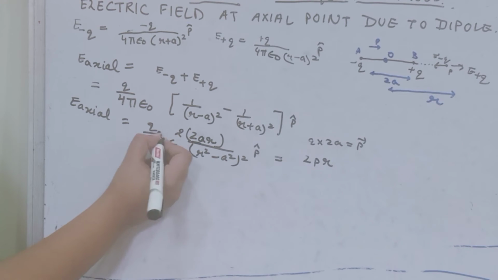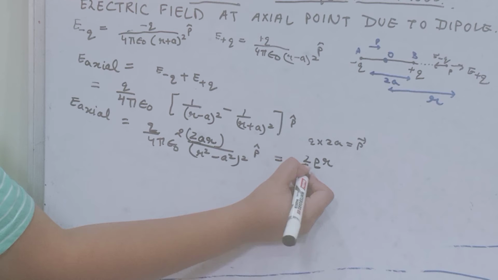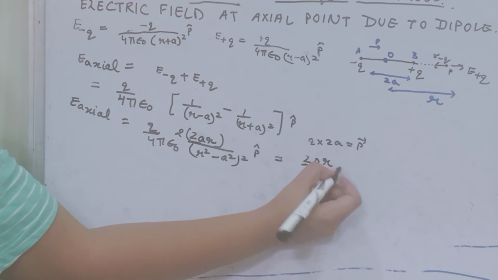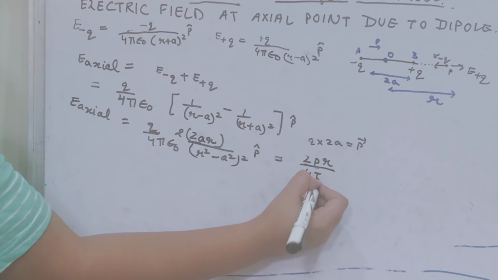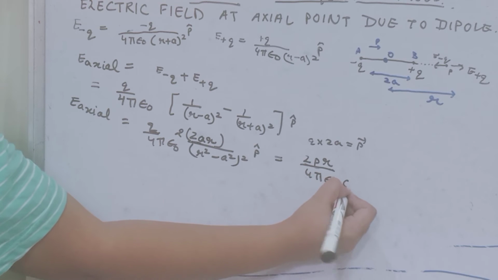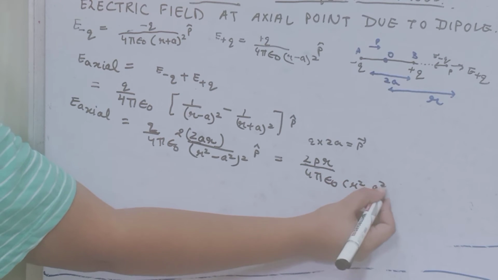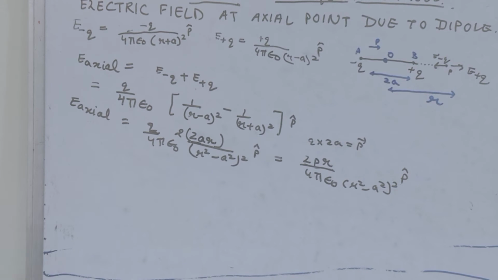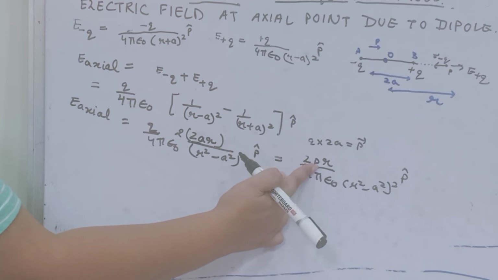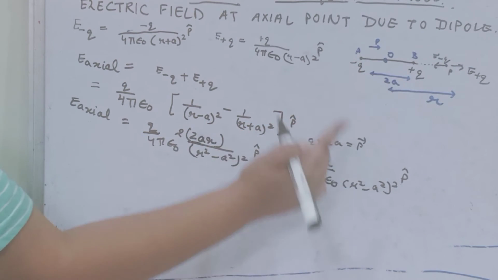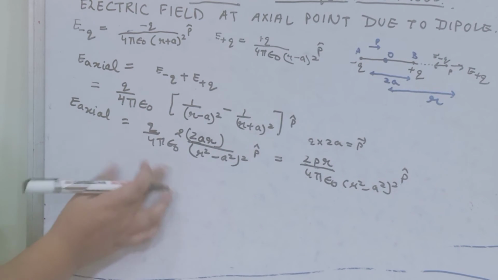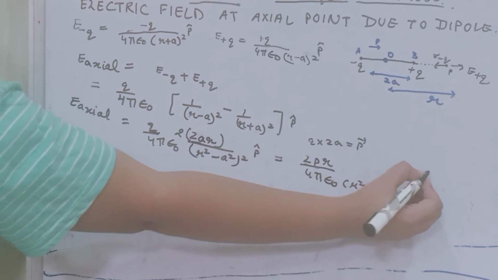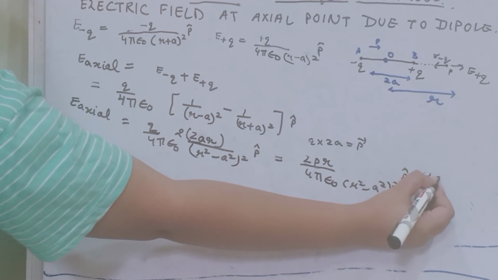Now 2A into Q will give us P. This 2 and this R is as such upon 4 pi epsilon naught into R square minus A square whole square into P cap. Now direction of dipole, as I explained earlier, is always from negative to positive, that is towards right. So the total direction of electric field will be towards right.